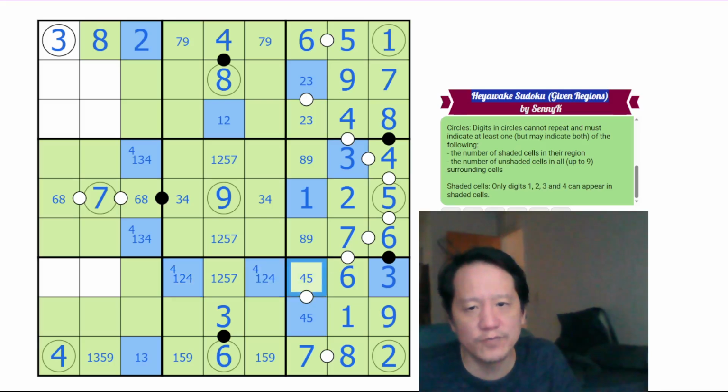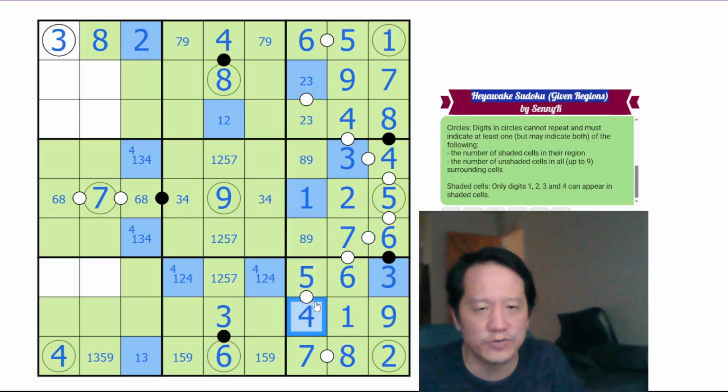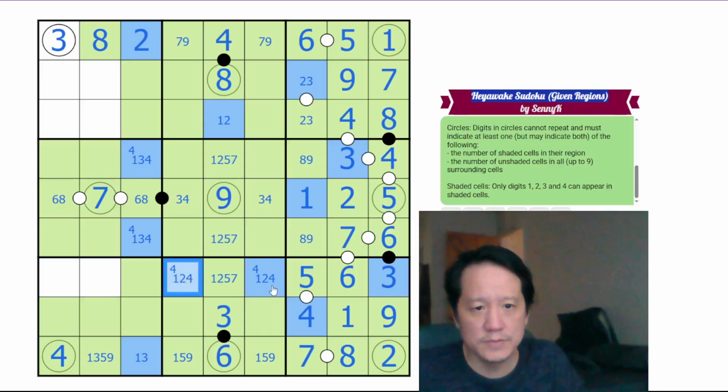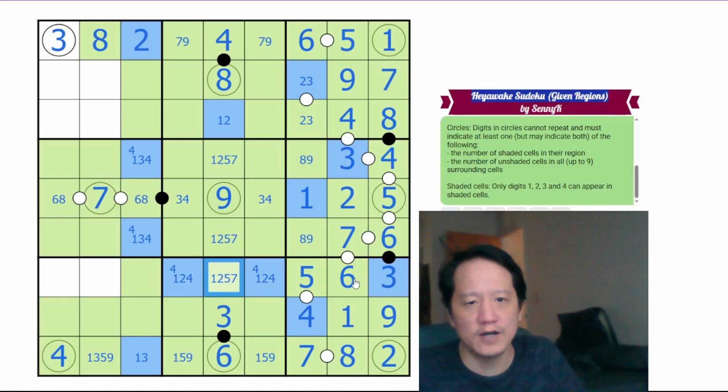Which means this can't be 4, that's 5, this is 4. Oh, so this is shaded, so this has to be 4. Therefore, this cannot be 1, 2, or 5 because we have a shaded cell here which must contain 1 or 2. So that eliminates 1, 2, and 4 in the rest of the row. This can't be 5. It's 7, which eliminates 7 in the rest of the column.